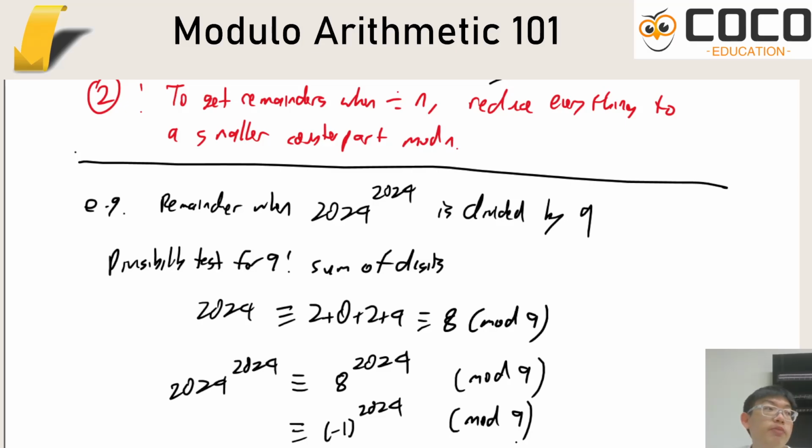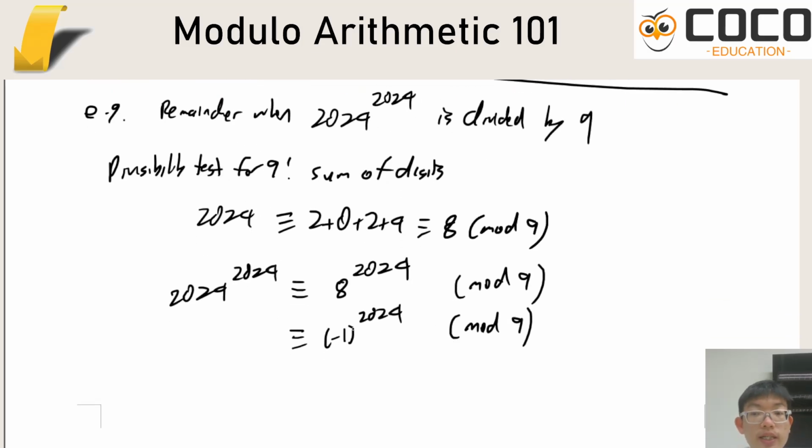But that does not mean he represents Singapore for everything else. You would probably not want Joseph Schooling to represent Singapore in every single sport. So in the world of mod 9, I can replace 2024 by 8, I can replace 8 by -1, and -1 is the best representative because -1 to the power of something is just, in this case, 1 because the power is even.